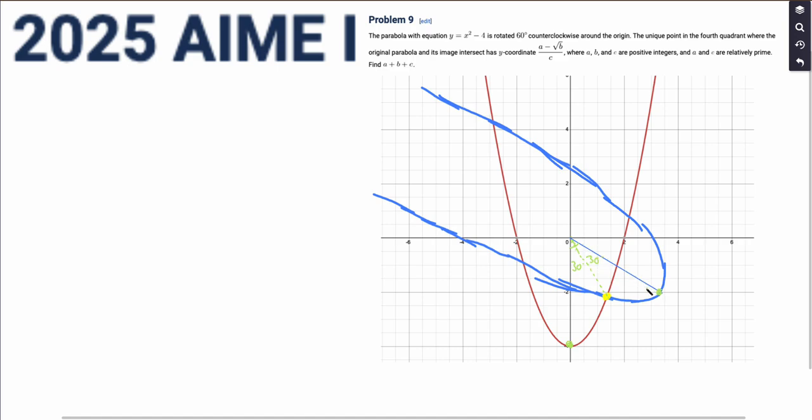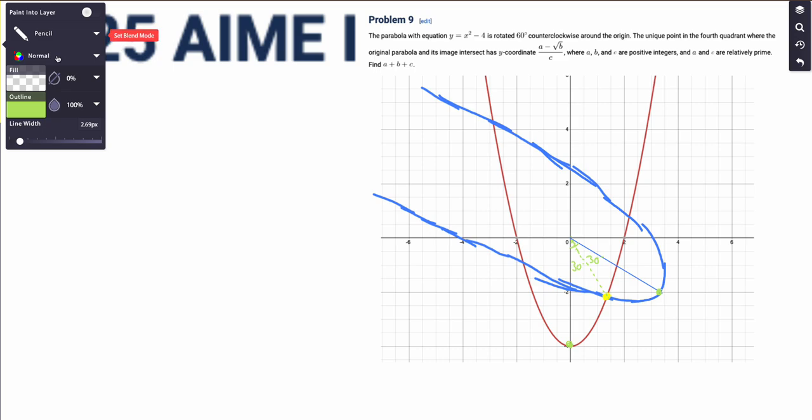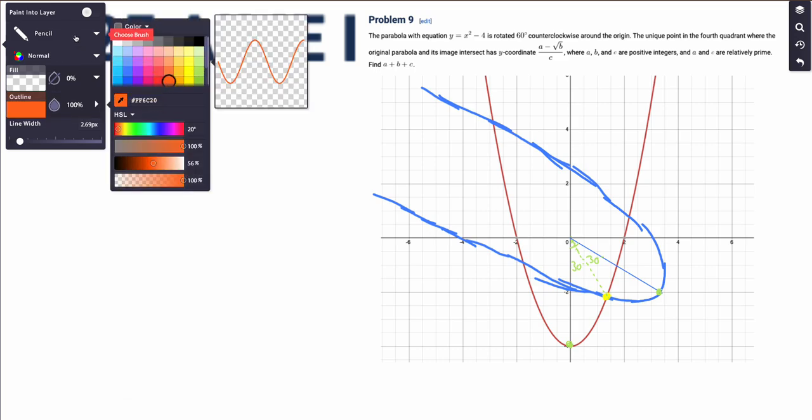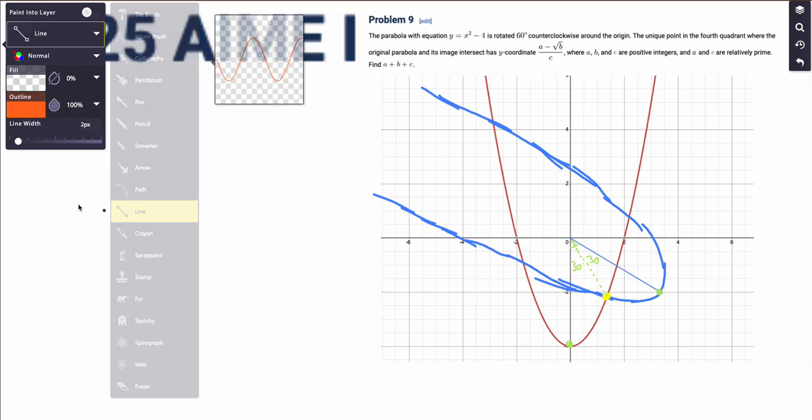And so that's really interesting because now we can find the equation of the line that passes through the origin and the yellow point.